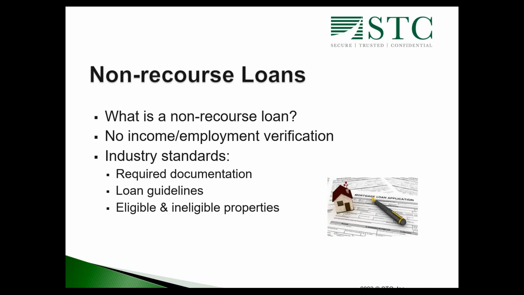Eligible properties: single family residences, certain condos, you would have to check with the lender on that. 2 to 4-plex buildings, multifamily units, so 5 or more, like small apartment houses, retail, office, warehouse, all of those are eligible for non-recourse loans. Here are some of the things that are not: mobile homes, timeshares, and condo hotels. Condo hotels have become a big thing more recently.